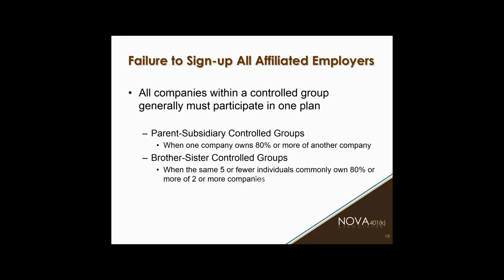But if you've got the same 5 or fewer common owners owning more than 80%, then you're in what's called a related group, and the IRS views that group, even though there's many companies, as one company for purposes of participating in a plan. All right, so you can't have a control group, generally speaking, with 5 or 6 plans out there, all different plans.